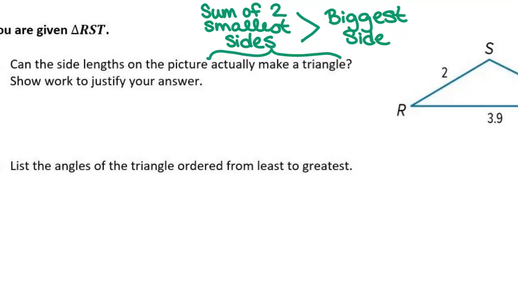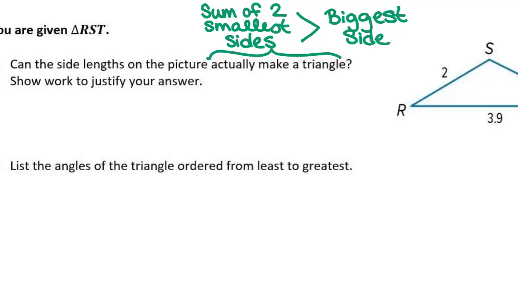If I make this side shorter, it's still my longest side. It's still longer than the other two, but now these two put together, the two shortest sides, are longer than my third side. And I can put it together to make a triangle. So the two short sides have to add up to be bigger than the longest side if we want this to make a triangle.